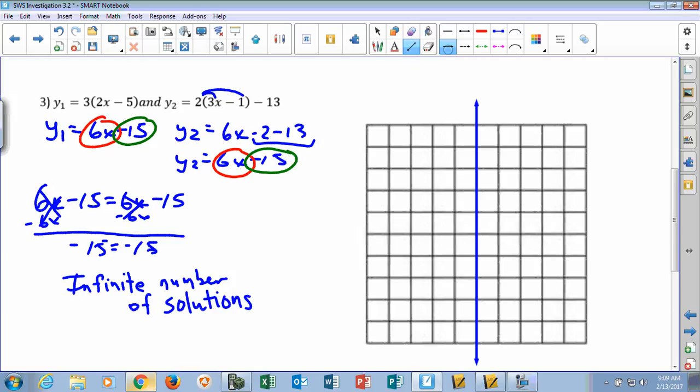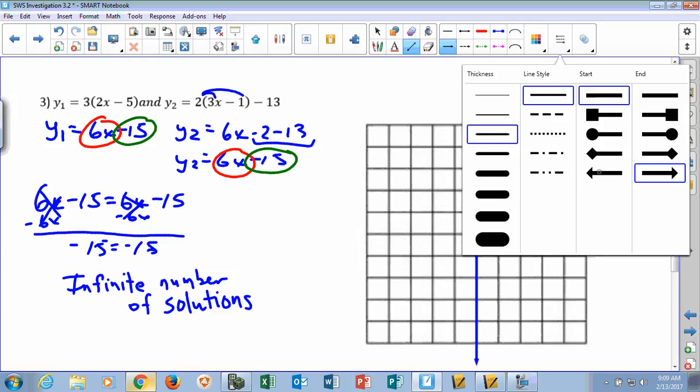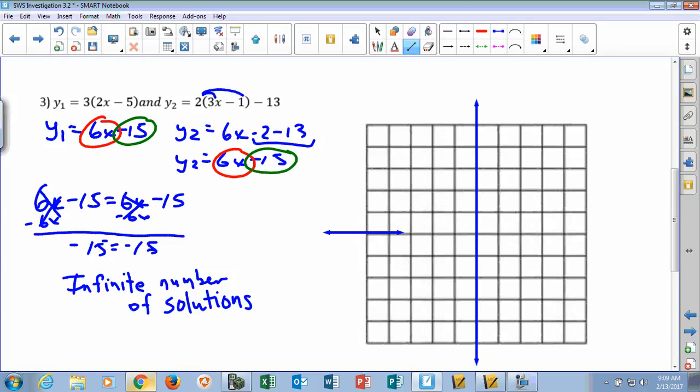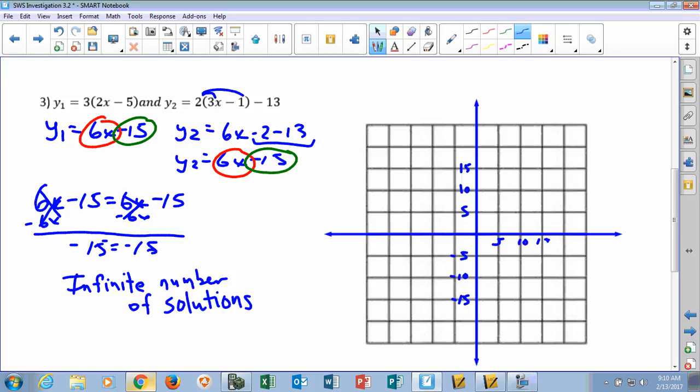And then here's my x. And then we're just going to make this easier. We're going to go by 5s here. So this is negative 5. That's negative 10. That's negative 15. And this is 5, 10, 15. And over here we got 5, 10, 15, and negative 5.